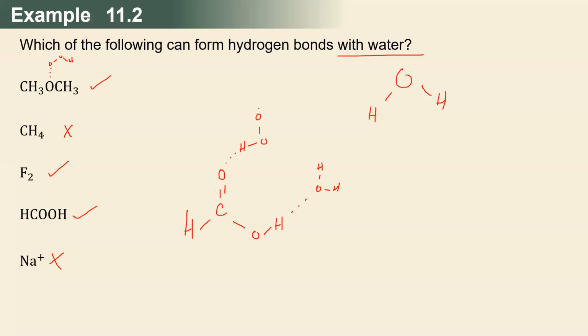Here the oxygen at the top is sharing his lone pair with that hydrogen on the water. Here at the bottom, the oxygen in the water molecule is sharing its lone pair with the oxygen in the formic acid. And so we call those differences in arrangement donating or accepting hydrogen bonds.